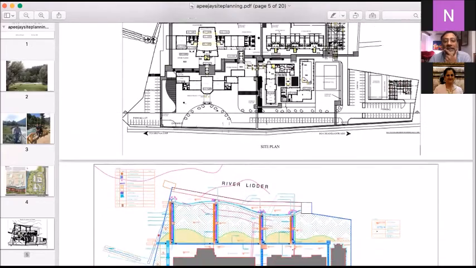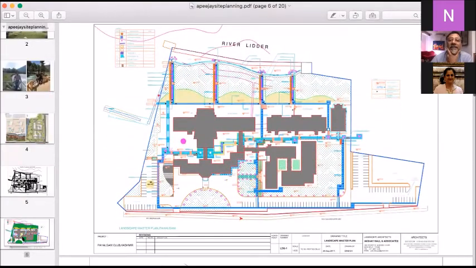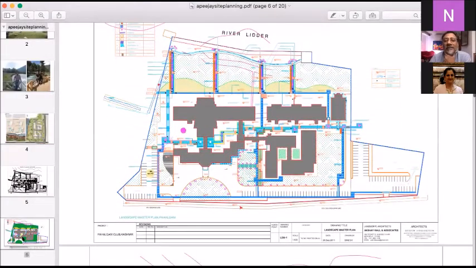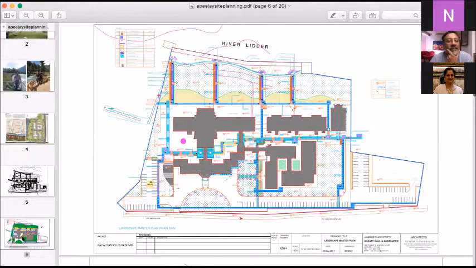Now going to the next level plan here. This stage is a slightly more detailed plan where you can see the masses. There were 4 blocks which looked totally independent, but now you can see those connections being formed like small bridges. All the blocks get connected to each other.